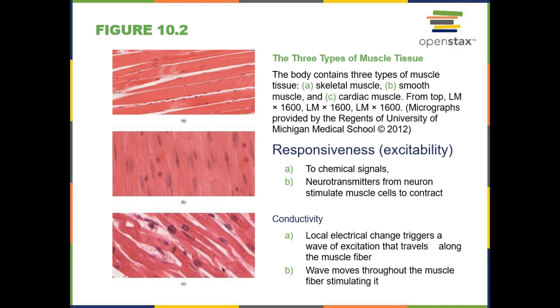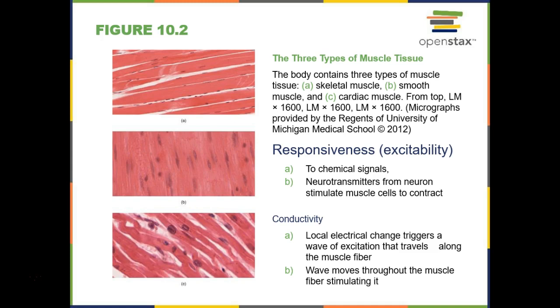So one thing that all of these muscles have in common, though, is their basic functions. All muscle has certain characteristics, no matter what type of muscle they are. These characteristics include responsiveness. What that means is they are excitable. They will respond to certain types of chemical signals.